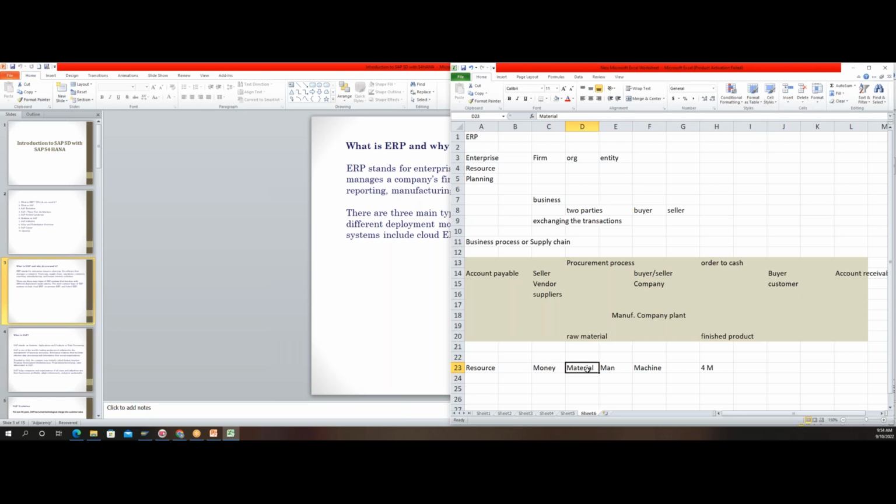Now, next is material. Without material, I will not be able to buy or sell anything. I need raw material in order to create my finished product. Only then is my customer going to purchase it from me. I cannot give the raw material to the customer and say, boss, this is how it is.